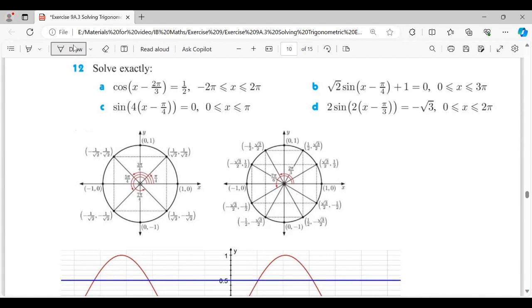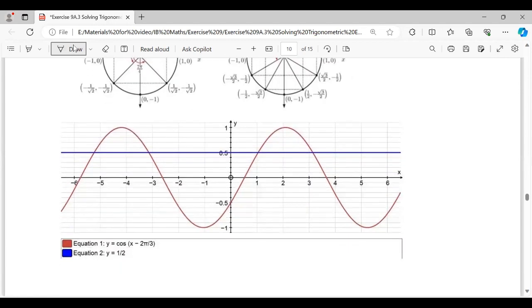number 12, solve exactly. Okay, cosine of x minus 2 pi third equals half, with interval negative 2 pi to 2 pi.